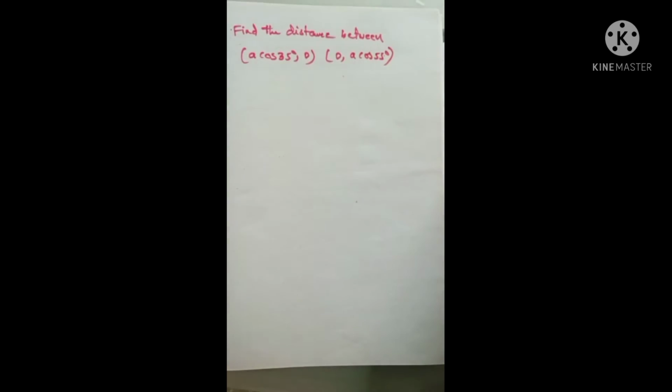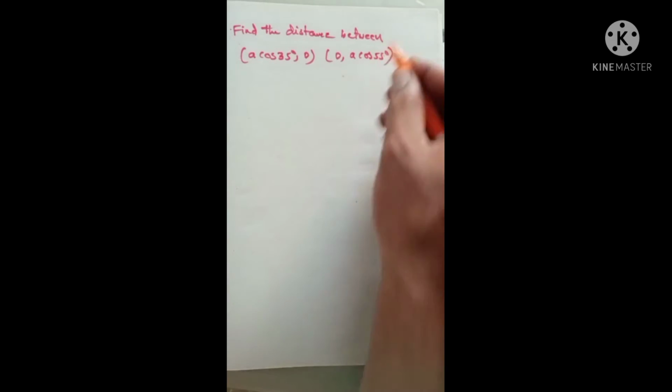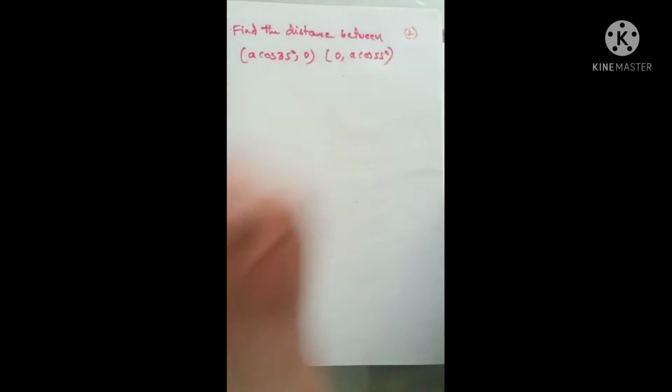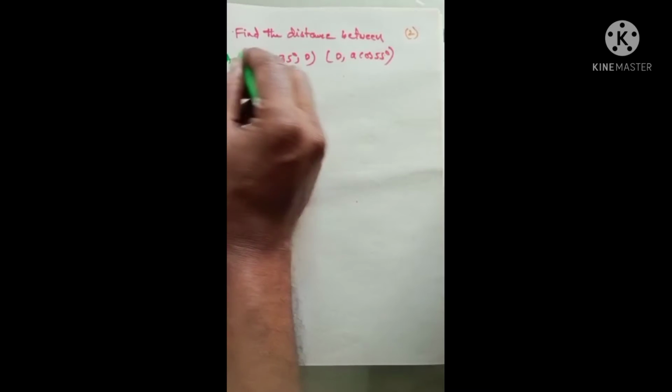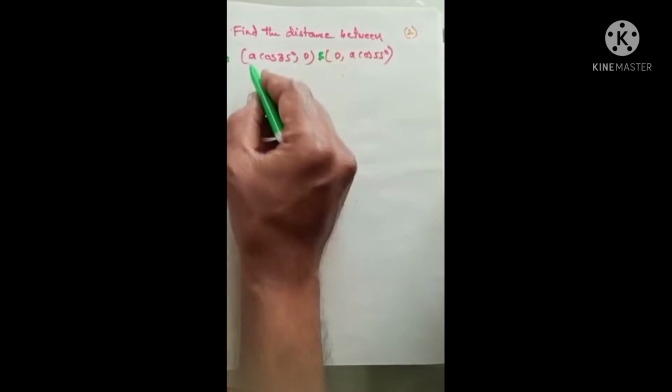This question is connected to your trigonometry, beta. This is under 2 marks. Sometimes you will get questions under 2 marks. Here also you say this point is A and this point is B, beta.